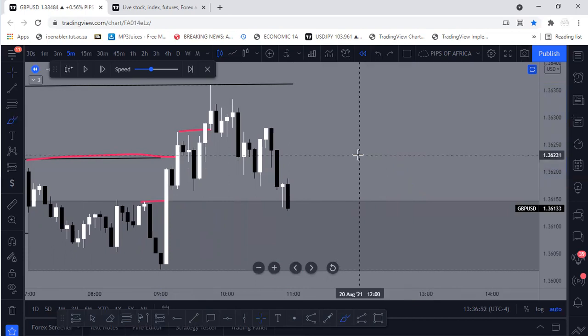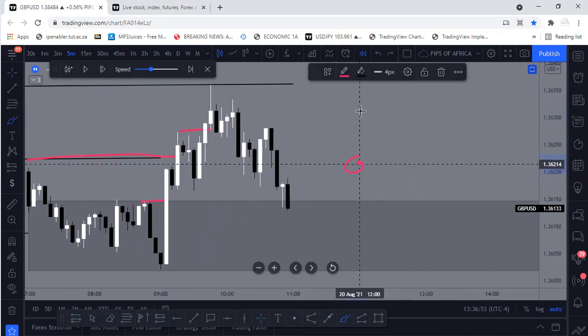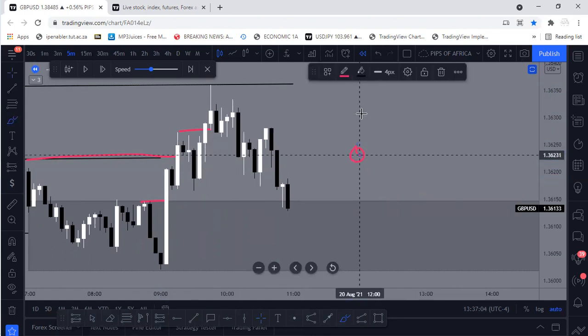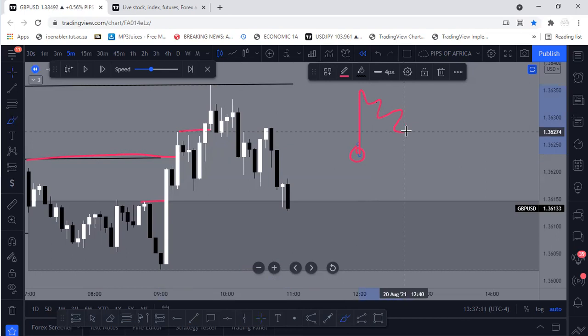It is to create an order block like this and then shoot up strongly, come back in the form of lower low, lower high, lower low, lower high. This is another confirmation that the order block is valid. And finally, tap inside the order block before it takes off.